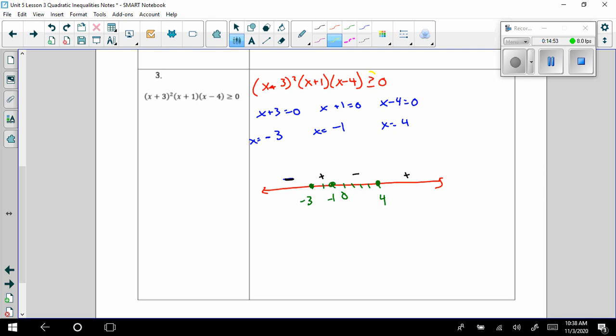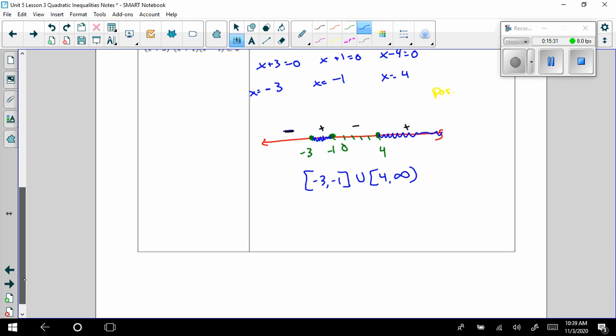This one is looking for greater than or equal to 0, so we actually need positive values. We're going to shade our positive intervals, from there to there, and then from there to forever. So our interval where it is greater than or equal to 0 is from negative 3 to negative 1. It dips below the line from here to here, and then picks back up at 4 and goes infinitely to the right.